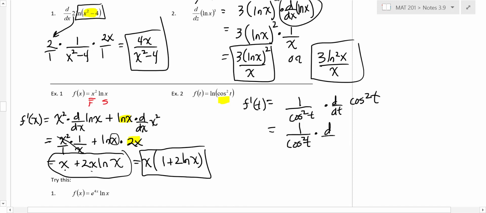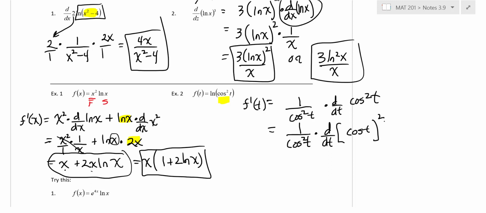The way that you probably want to start thinking of this is to write it this way, and then that's going to be a chain rule. If you're doing a derivative of a cosine squared, you bring the 2 down to the first power times the derivative of what's inside. That's another chain rule, so you have a chain rule inside a chain rule.